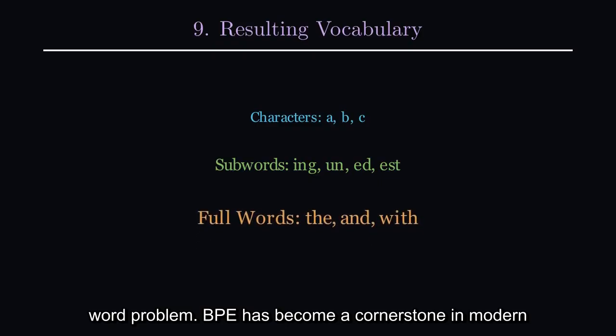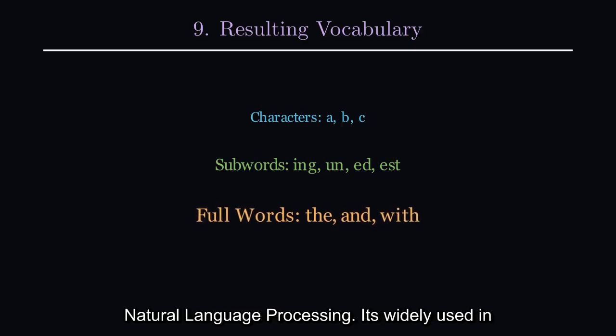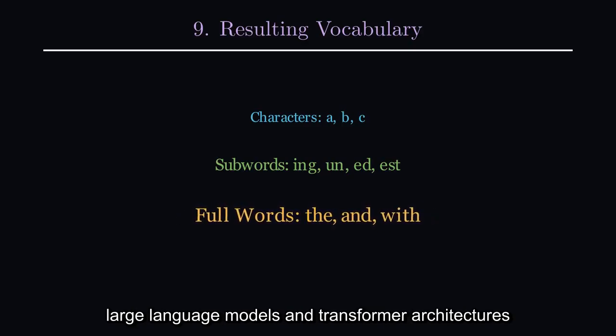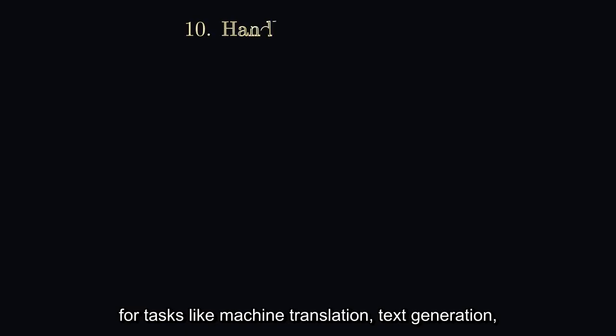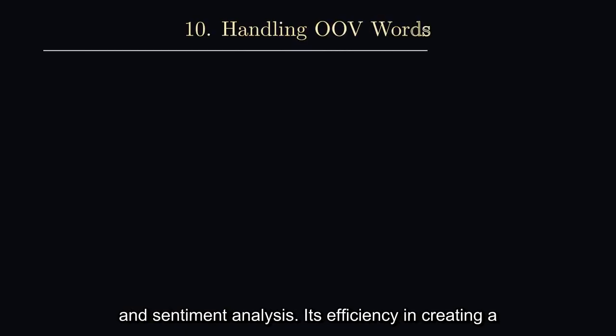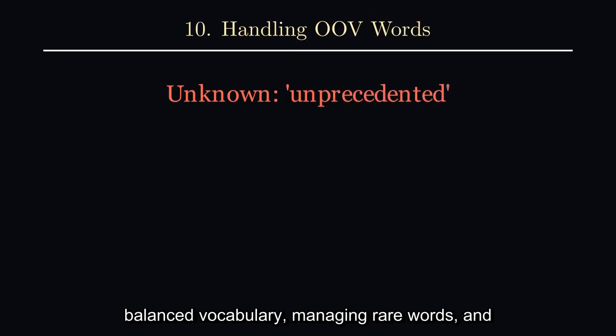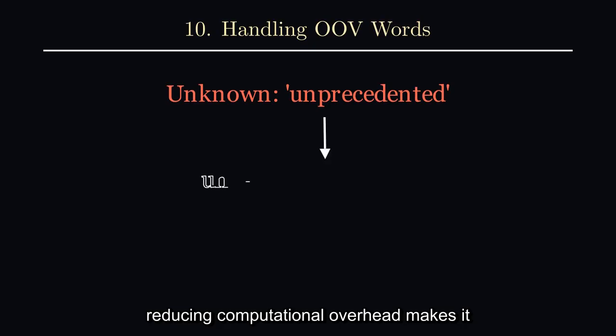BPE has become a cornerstone in modern natural language processing. It's widely used in large language models and transformer architectures for tasks like machine translation, text generation, and sentiment analysis. Its efficiency in creating a balanced vocabulary, managing rare words, and reducing computational overhead makes it indispensable.